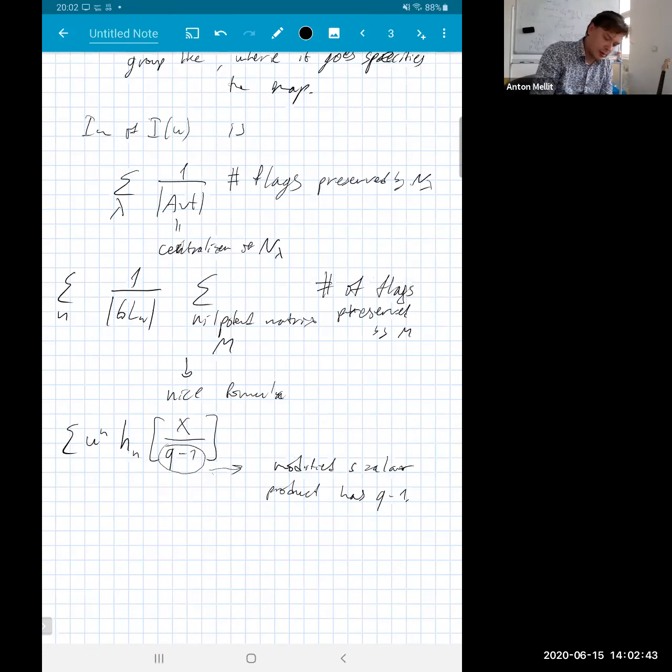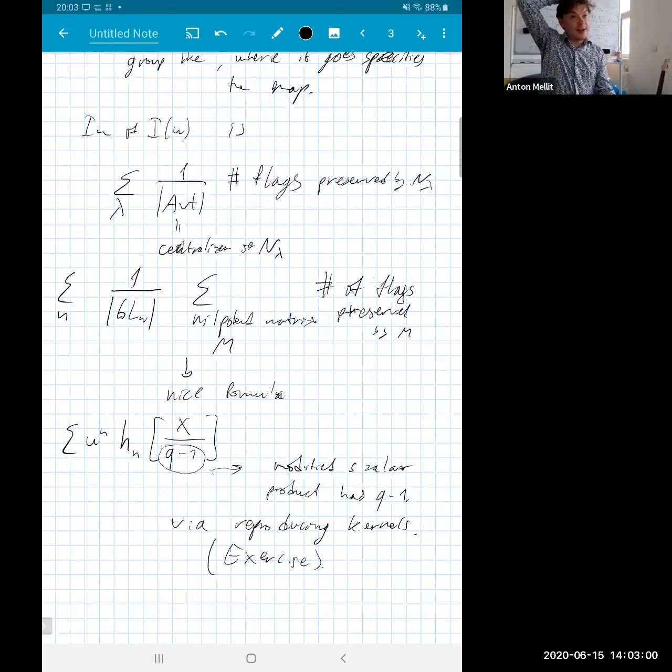We're reproducing kernels. So this is a real exercise. If you do it, then you will feel that you understand everything in this first part.